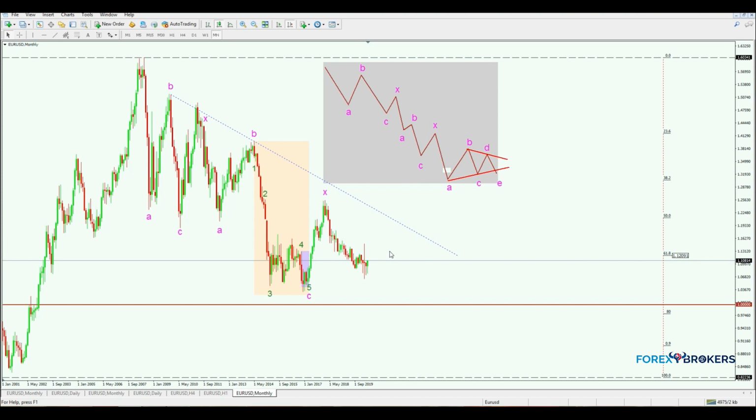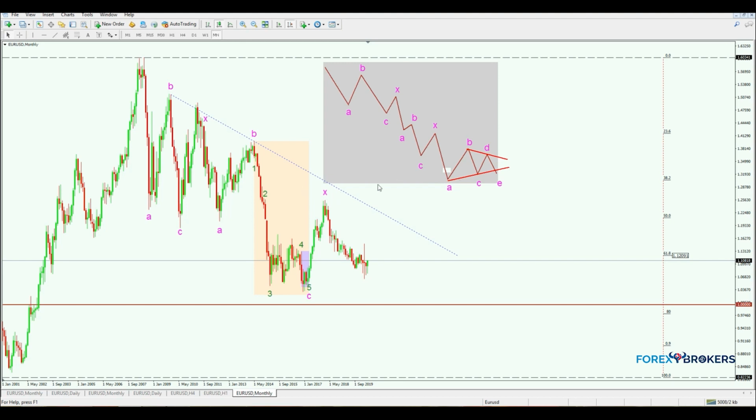A non-limiting triangle has, like the name suggests, no limits, in the sense that it is always part of a complex correction. Almost always it ends a complex correction. The X wave in a triple combination can as well be a non-limiting triangle, but most of the times a non-limiting triangle forms at the end of the triple combination.